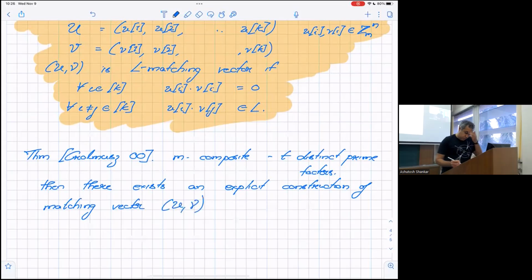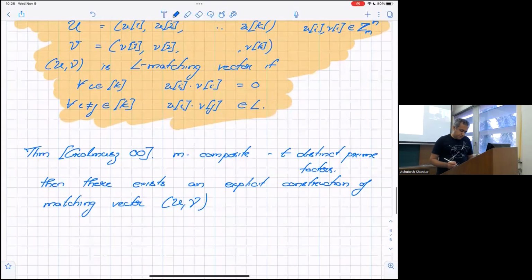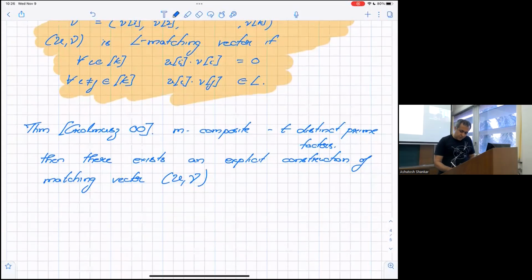u, v, L matching vectors such that the following conditions are satisfied. For every n, you tell me n. m is fixed, m is one fixed number, so you're working with a small ring.